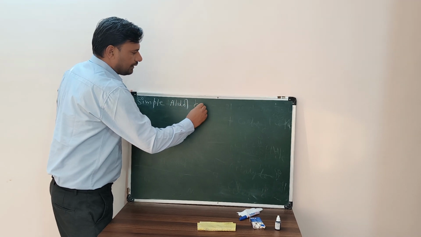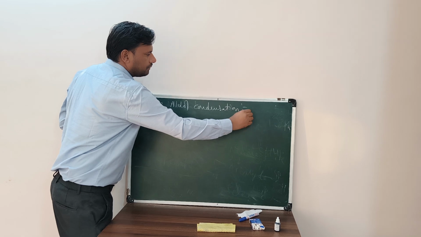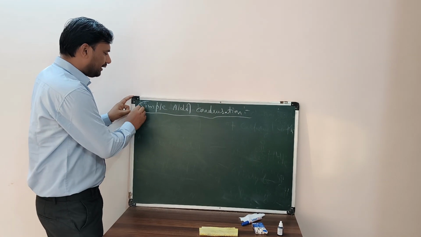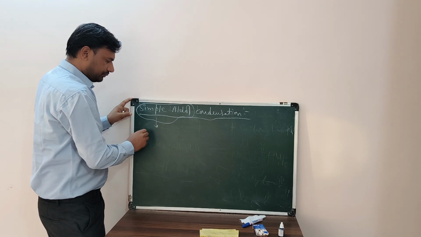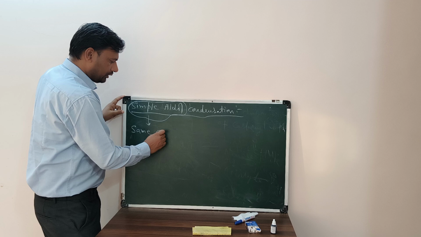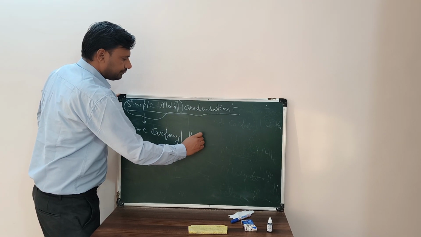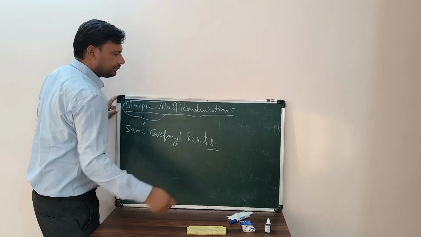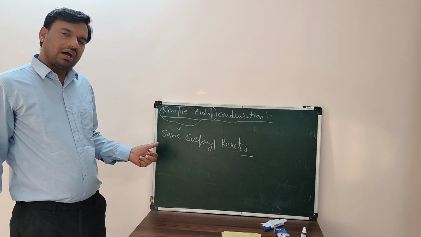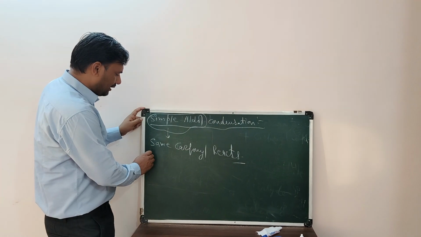In simple aldol condensation, simple means the same carbonyl reacts. Students, you must understand this. The same carbonyl compounds react. How a carbonyl compound can react and what kind of product forms, that we will see here.